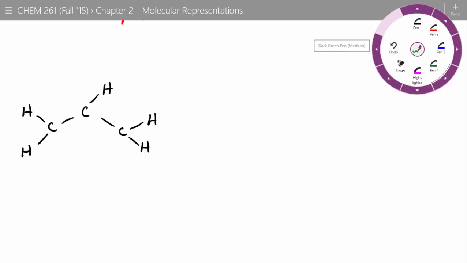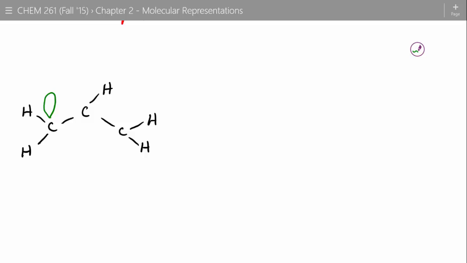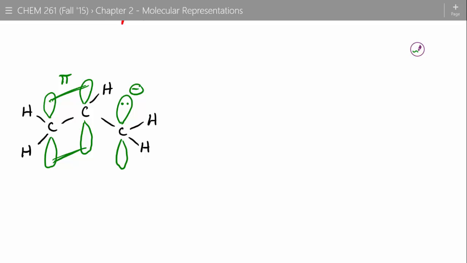And we need to include those p orbitals. So the double bond in the Lewis dot structure shows this pi bond should be over here. And then in this orbital, we've got a lone pair of electrons, and this carbon is negative.